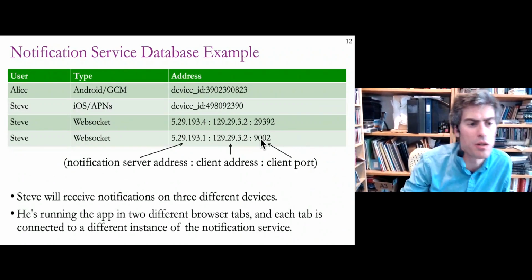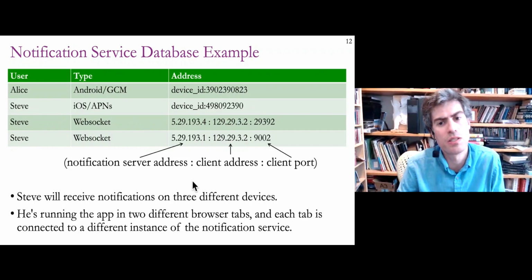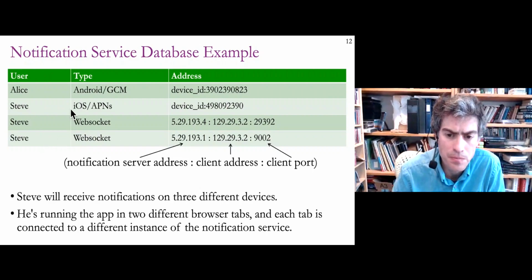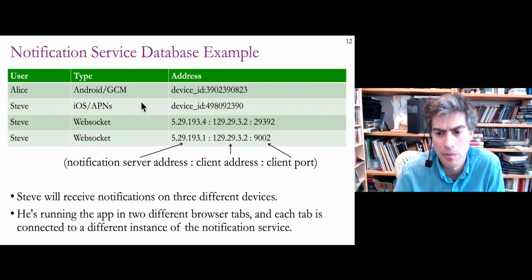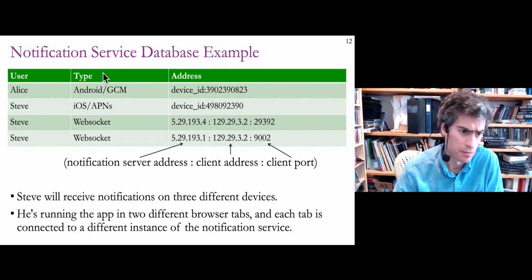To make it a little bit more clear, I'm showing an example of what might be shown in a notification service database. So I have two users, and they can receive push notifications in different ways depending on how they're using the app.